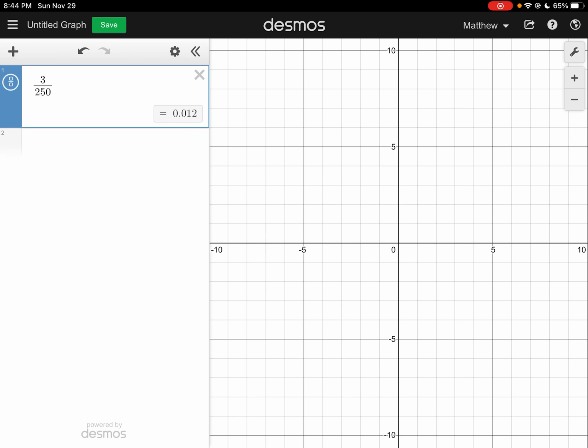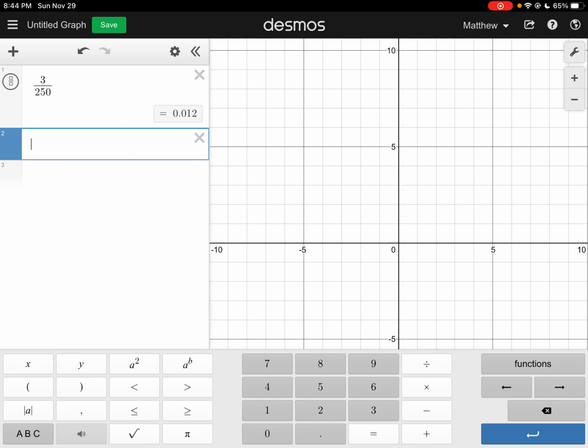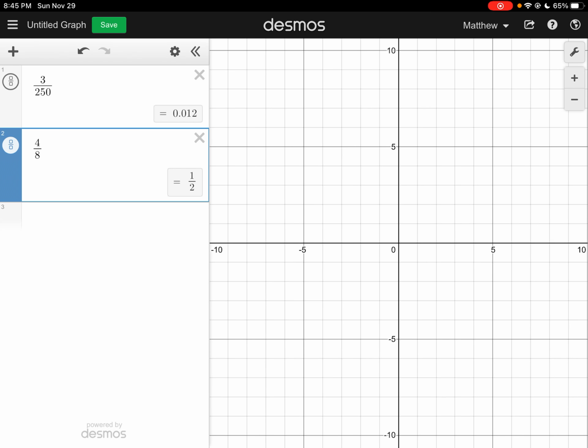Also, in this particular calculator, I can click the symbol here on the left and convert my answers back and forth between fractions and decimals. That's in case you do something that isn't reduced. Let me do 4 divided by 8, which has a decimal form of 0.5, but in reduced terms, it's 1/2.